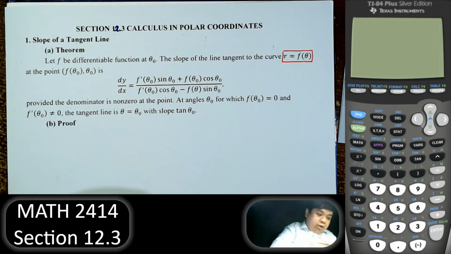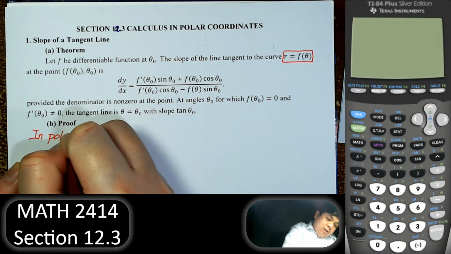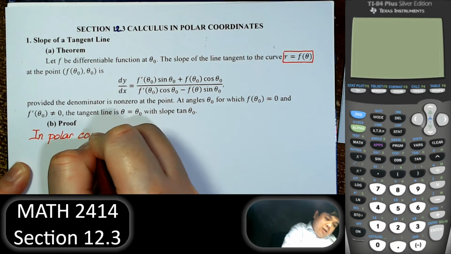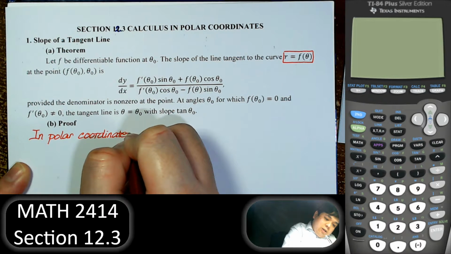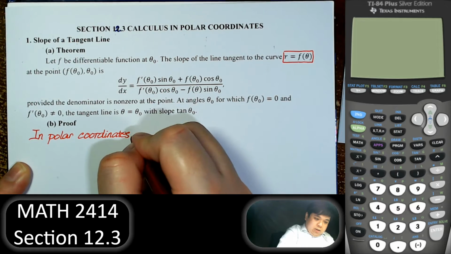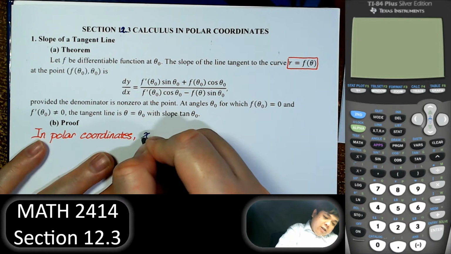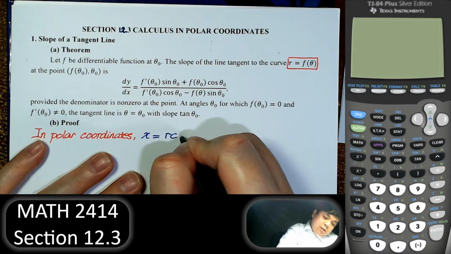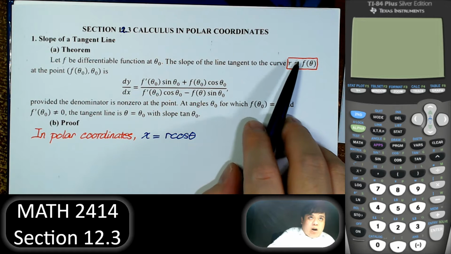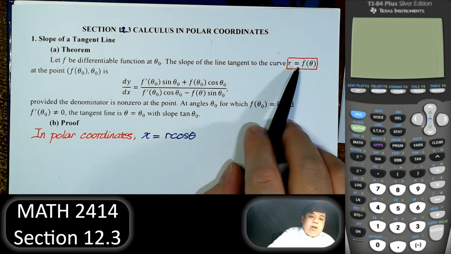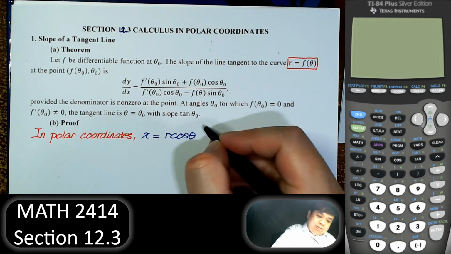Right. So first, in polar coordinates, we have x is r cosine theta. Now we know that the curve r is a function of theta, so we'll replace r with f of theta.